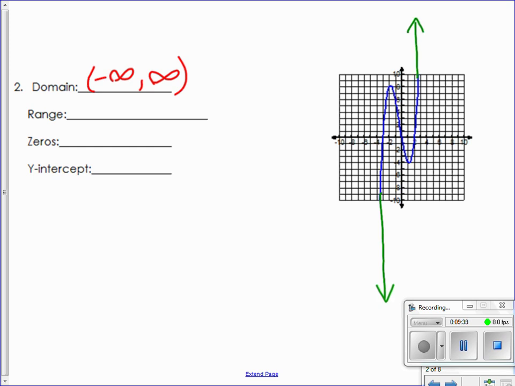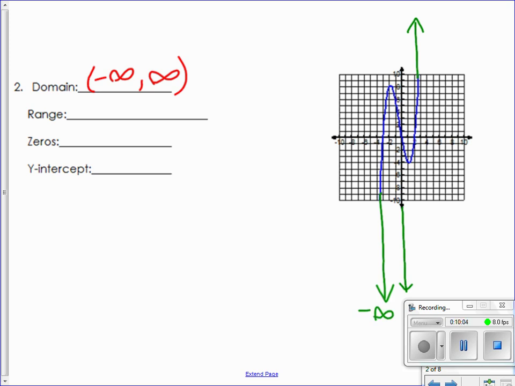So look at my arrows. Remember the range, we have to start from the bottom up. Every time, start from the bottom. So what is the lowest that this thing is going to go? The lowest that this graph is going to go, it's going to keep going down, down, down. If it never stops, that means it's going to go to negative infinity.